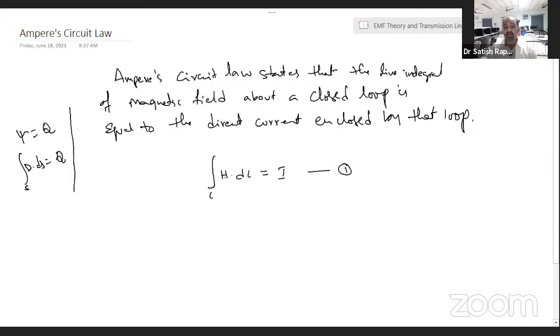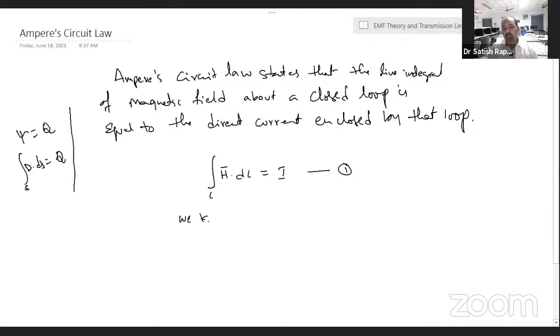The line integral of magnetic field is equal to the direct current enclosed, or passing through, that loop. So that is Ampere's circuit law.